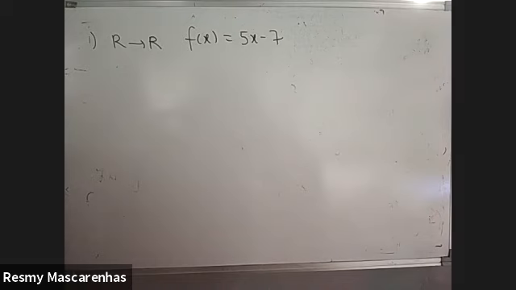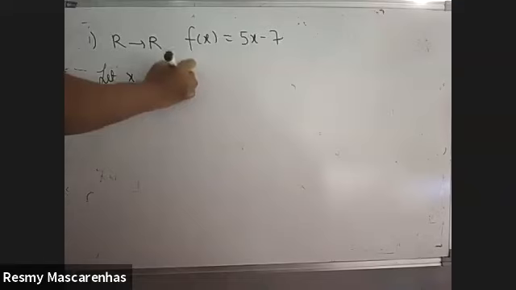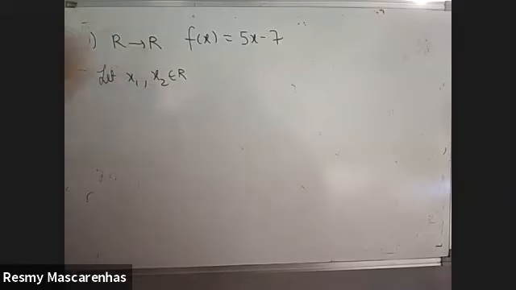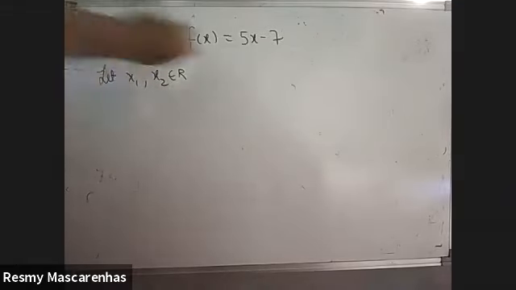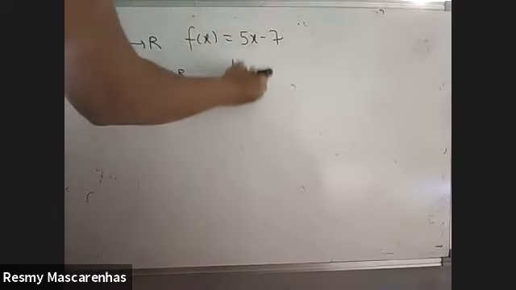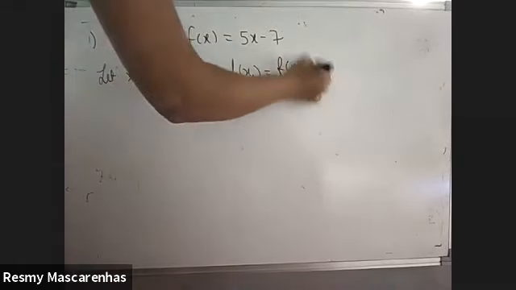In yesterday's class we saw how to show that it is 1 to 1 and onto. We have to prove that it is bijective. So let x1, x2 belong to R. Then take f of x1 equal to f of x2.